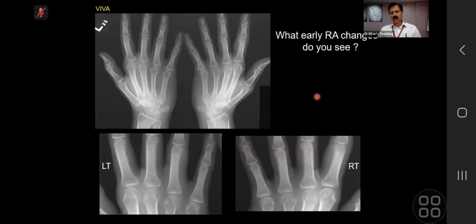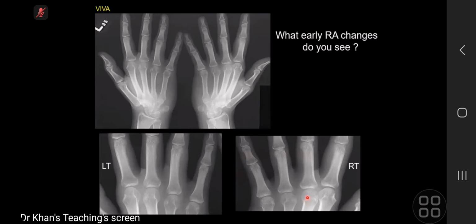Okay, candidate 1. This is a known case of RA. Can you describe your findings for everybody? Okay, so this is a radiograph of both hands in a skeletally mature patient. I can see periarticular osteopenia predominantly surrounding the proximal interphalangeal joints. There is soft tissue swelling as evident in the left second metacarpophalangeal joint bilaterally.